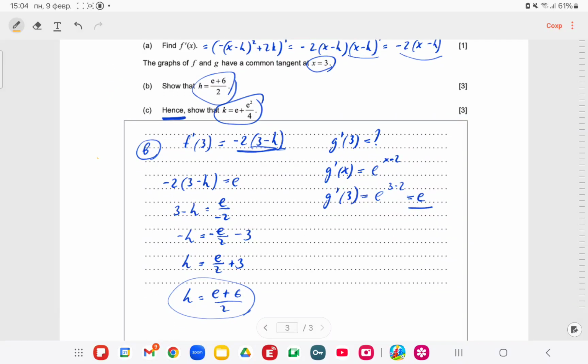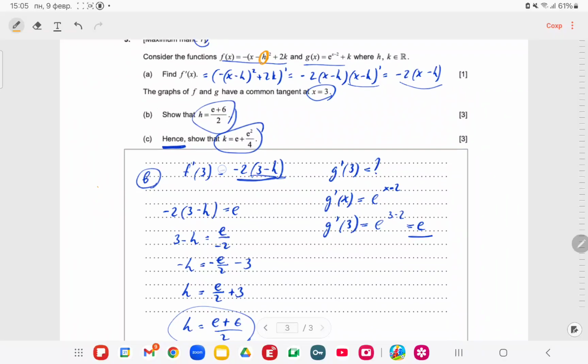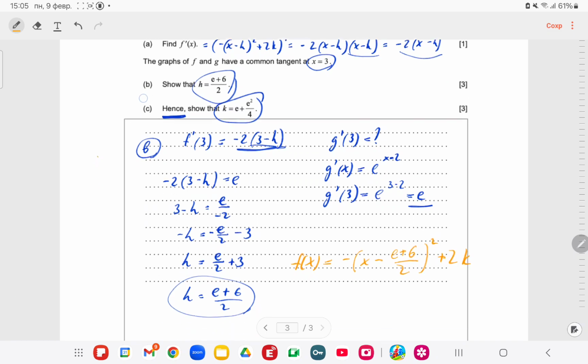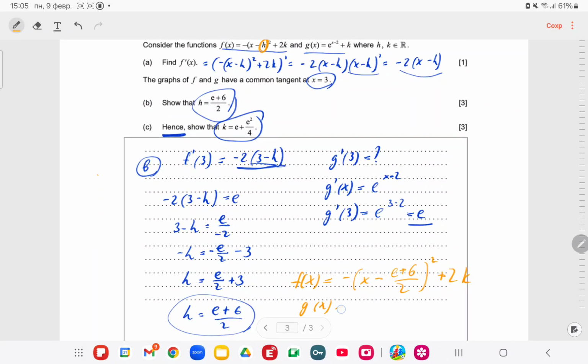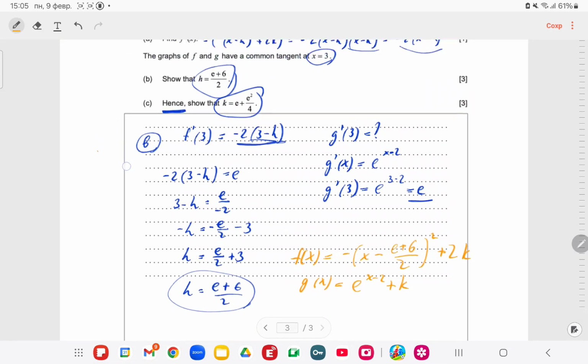So f of x is equal to negative x minus h, this squared, plus 2k. And also we have k in the other function, g of x, which is e to the x minus 2 plus k. We have 2 functions like this so far.